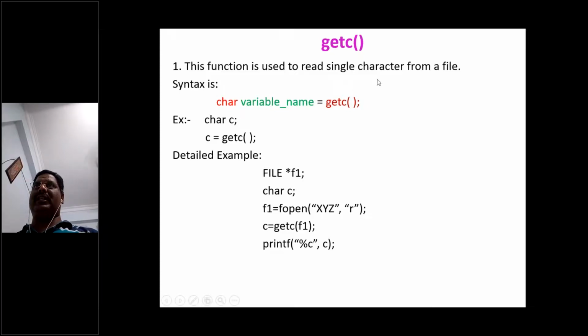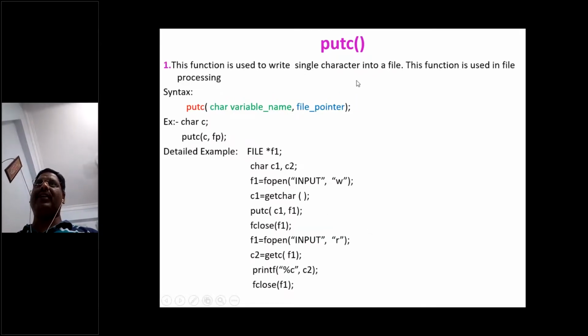The syntax is char variable name equal to getc of file pointer. In a simple program, we open a file xyz, read with getc of f1, then printf with percent c for the character. putc displays the value based on the file pointer on your screen. Here f1 is the file, and c1 and c2 are the two variables. All these come under programs that use the files concept.